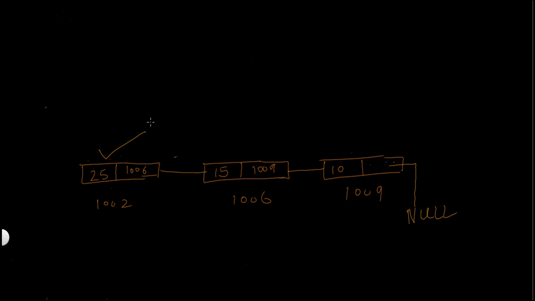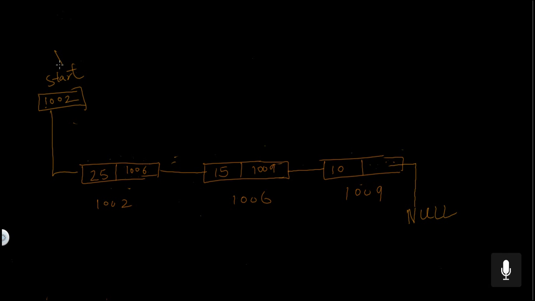So for this, we have a pointer named start, and this pointer stores the address of the first node of the list, and the first node of the list is this, and its address is 1002. So always remember that the address of the first node of the list is stored by a pointer named start.